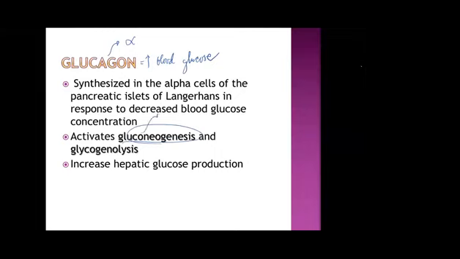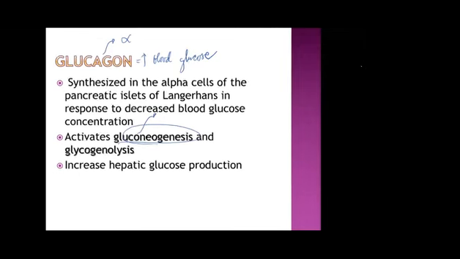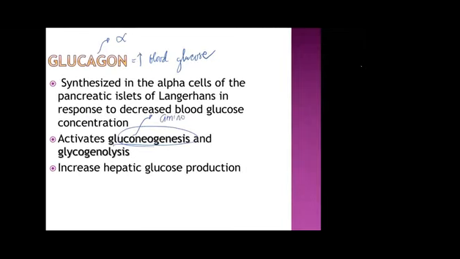So ano ba yung mga usual sources ng non-carbohydrate para maging glucose? Halimbawa, papasok dyan ang amino acids. Anong tawag natin sa mga amino acids na nagiging glucose eventually through gluconeogenesis? Mga glucogenic amino acids.